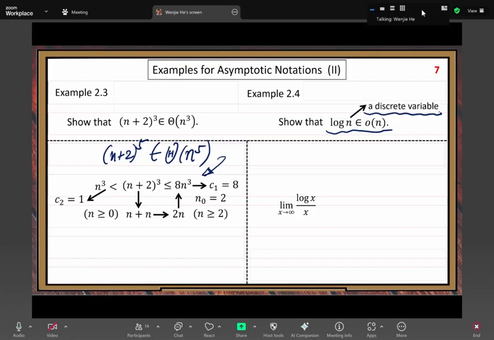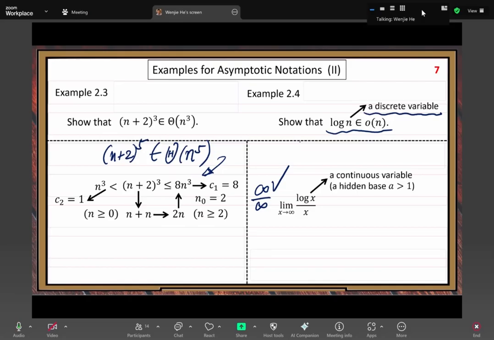For this case, we only consider the infinity over infinity indeterminate form, not other forms, because that form relates to our algorithm context. So here I write infinity over infinity. It passes the indeterminate form checking.